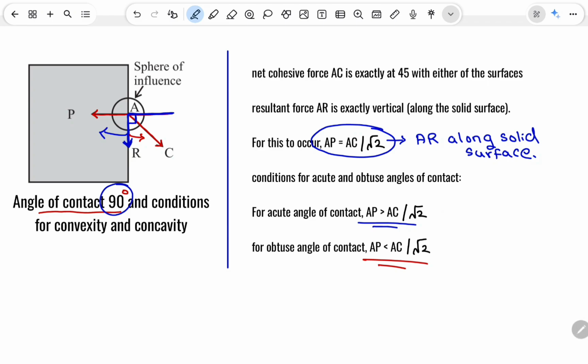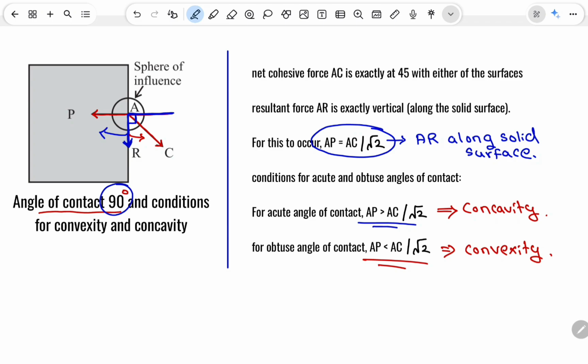These relations we call conditions of concavity and conditions of convexity.